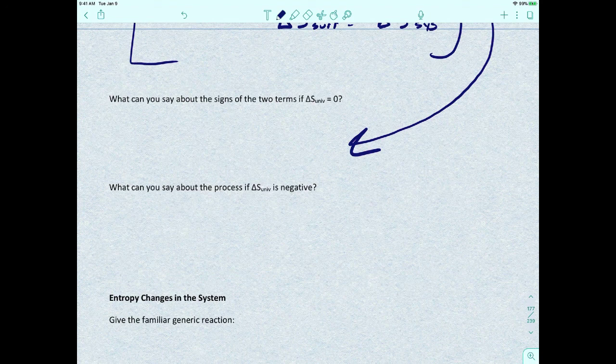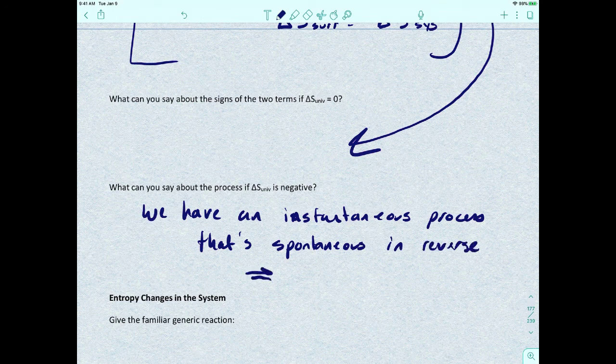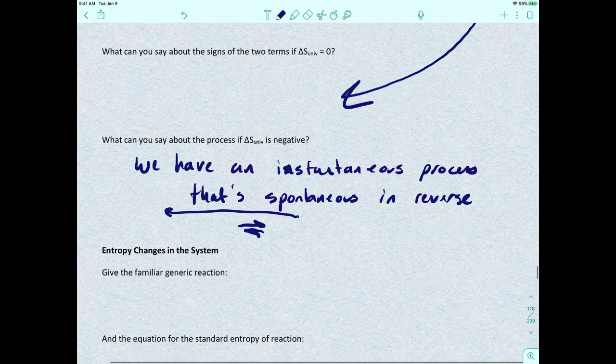What that means is that we have a process that's going to be spontaneous in reverse. So if we're looking at a system that's at equilibrium, it's going to go in the opposite direction. It's going to favor reactant formation.